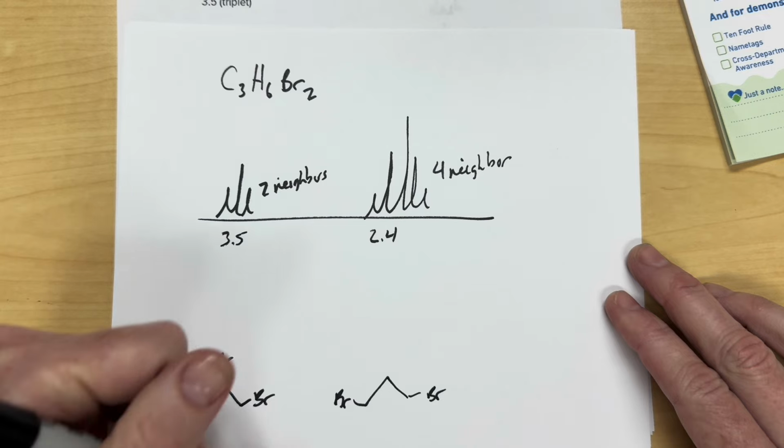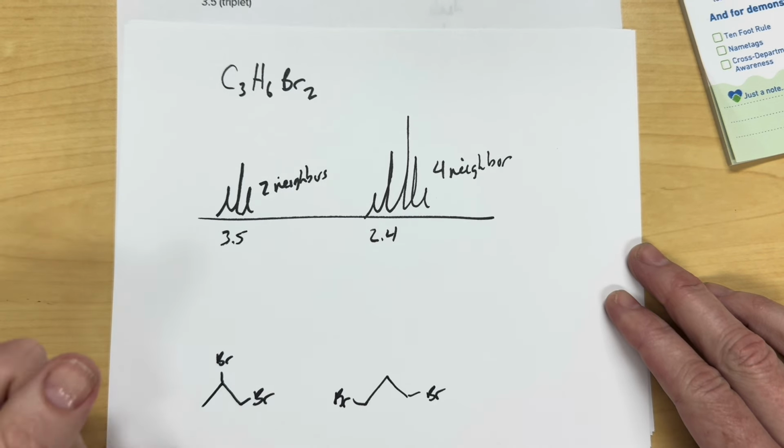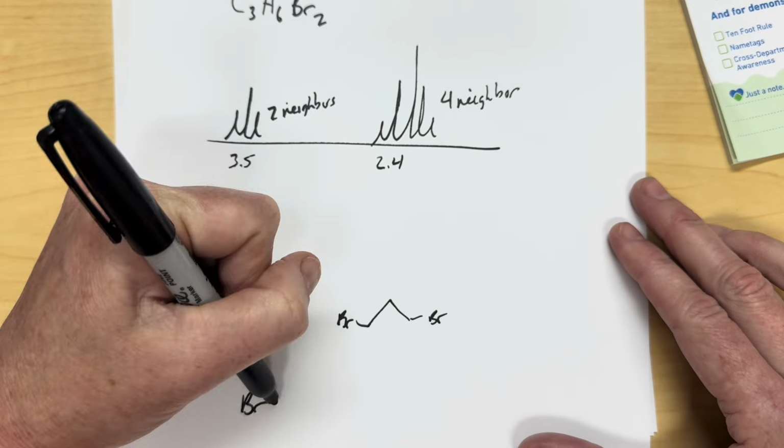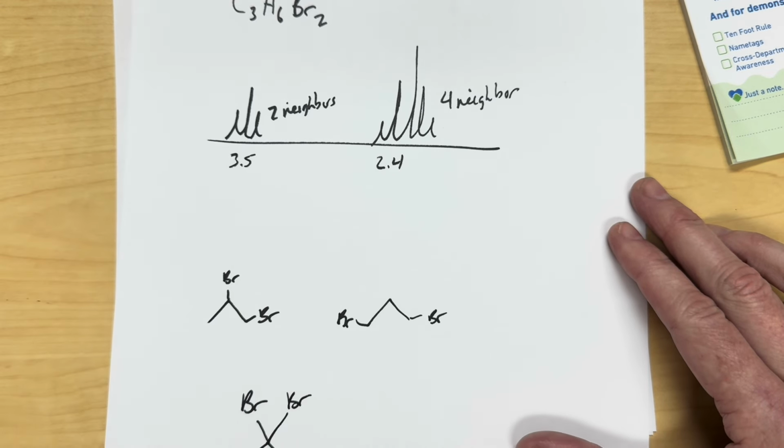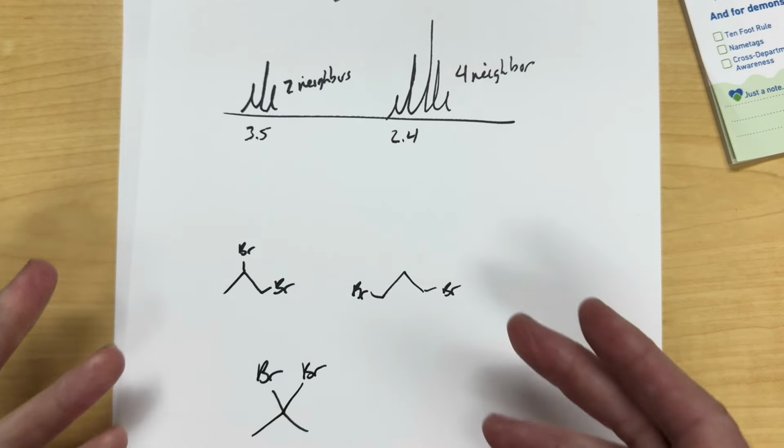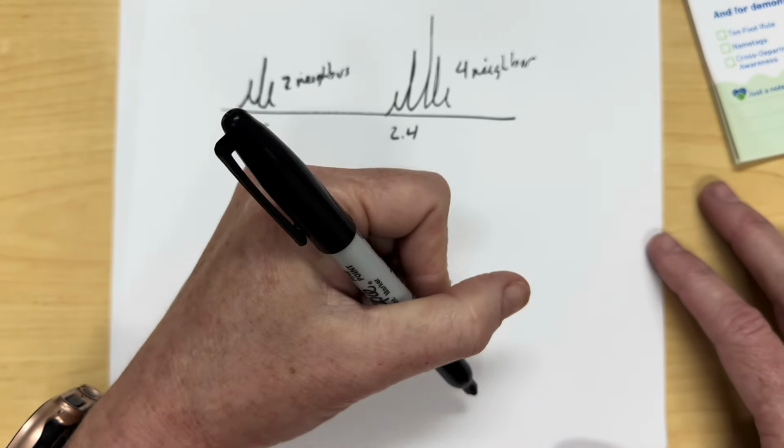You could have a bromine here, let's say, and a bromine here, and then you could have something like this. There's several possibilities, but there's not that many.